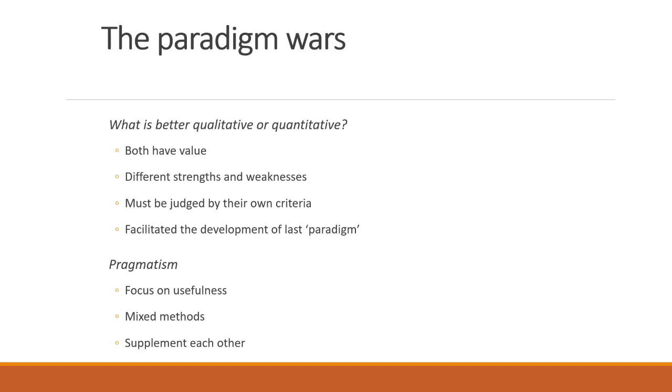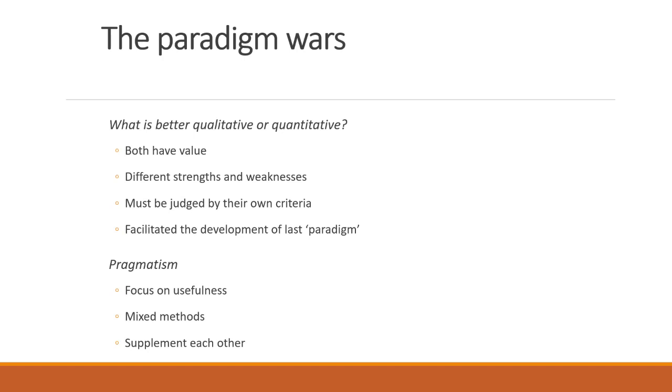And this is how the idea of mixed methods came about. So many researchers now draw from mixed methods where you can use both qualitative and quantitative methods in the same study. Depending on your research questions, some of the questions can be answered by qualitative, some by quantitative, or you can get a more broader, in-depth understanding of the phenomena that you're interested in by actually drawing from both.